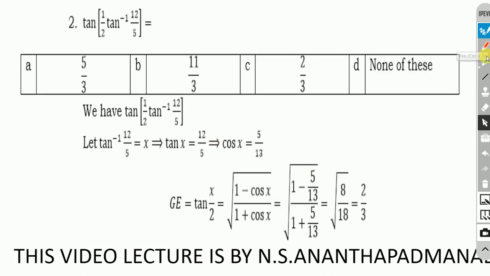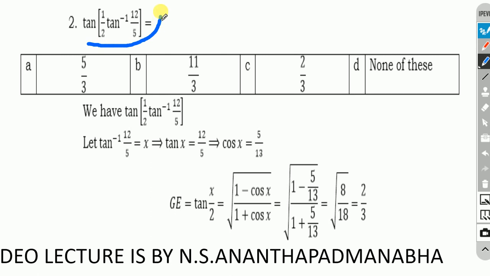Tan of 1 by 2 into tan inverse of 12 by 5 is equal to, we have tan of 1 by 2 into tan inverse of 12 by 5. This is the given expression, and we have to evaluate this. So let us take this tan inverse of 12 by 5 as x here. If you take this as x, then tan x is equal to 12 by 5.